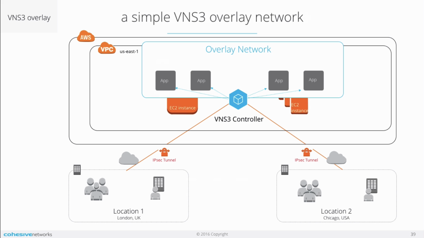So here, back to our network diagram example, here's an overlay network built using VNS3. We have our London and Chicago locations again connecting over the public cloud, but through secure IPsec tunnels. Those connect into a single VNS3 controller, which acts as a router, switch, firewall to connect all of those applications in AWS, but in a separate, sealed, isolated overlay network.